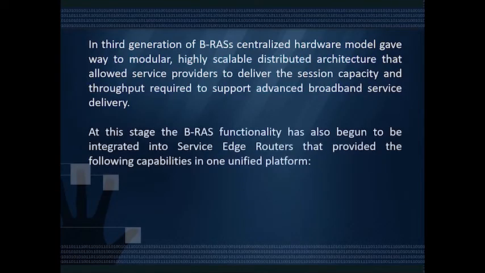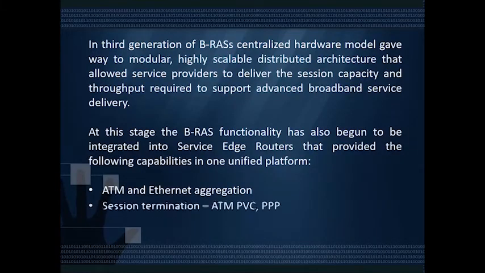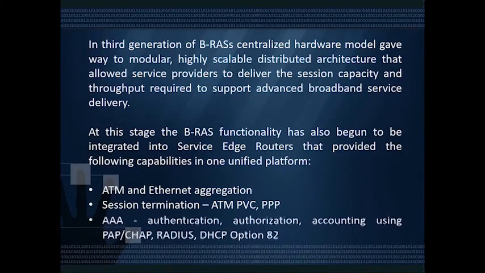In this stage, the BRAS functionality has also begun to be integrated into service edge routers that provided the following capabilities in one unified platform: ATM and Ethernet aggregation, session termination, ATM PVC, PPP, AAA (authentication, authorization, accounting) using PAP, CHAP, RADIUS, DHCP option 82.